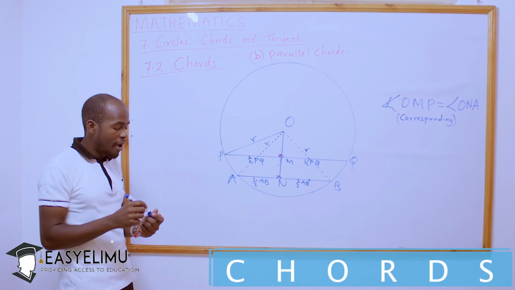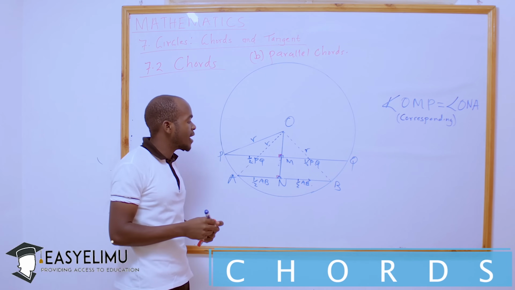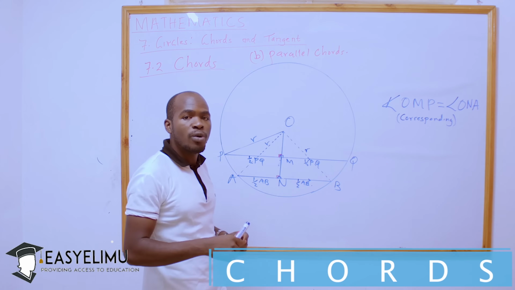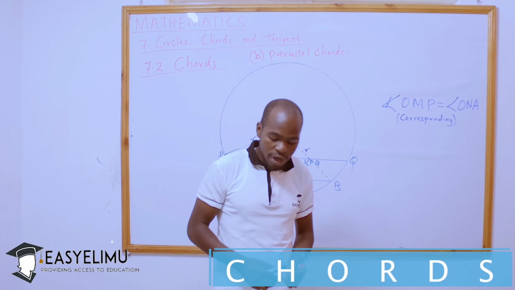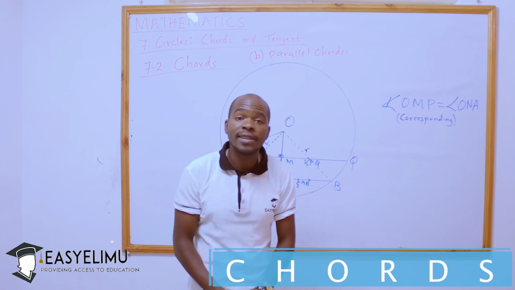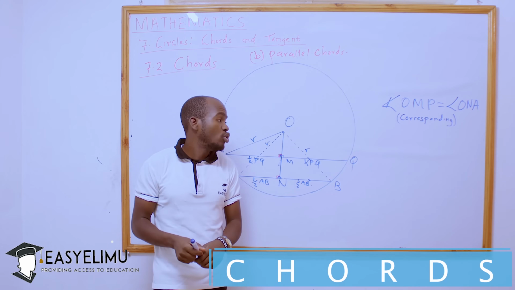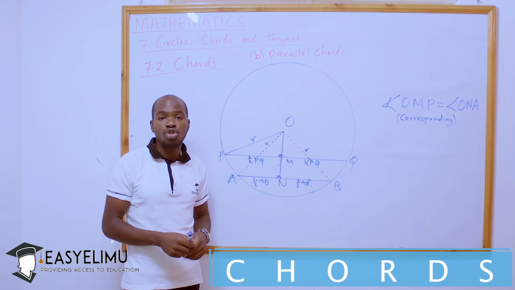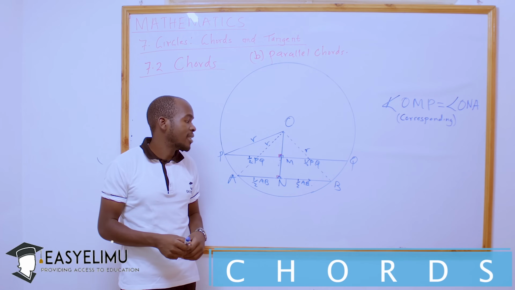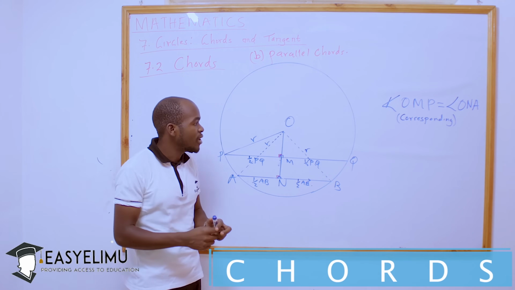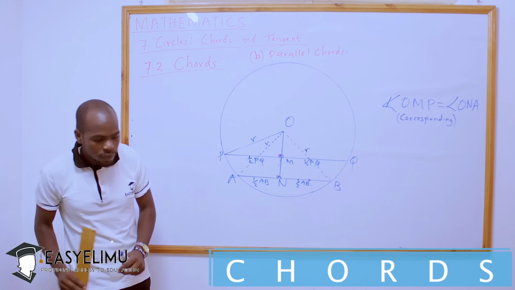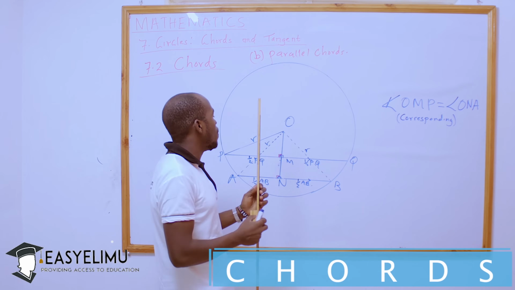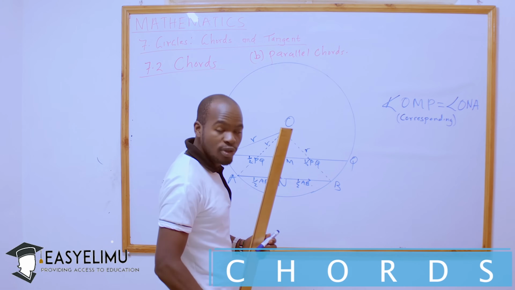So from there we can say that any straight line dropped from the center will cut any given chord into two equal parts, and it will make 90 degrees.